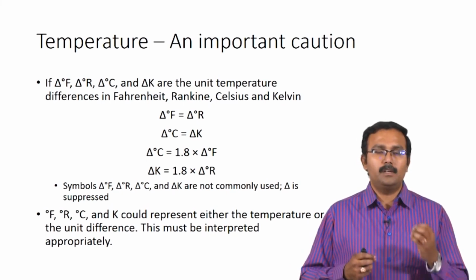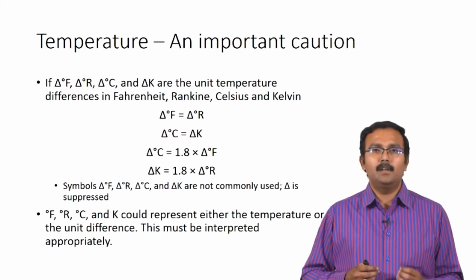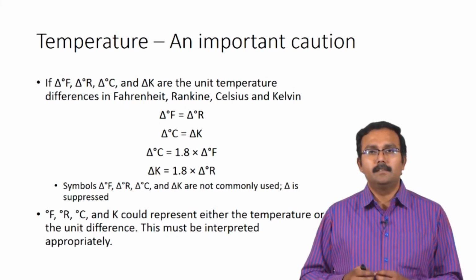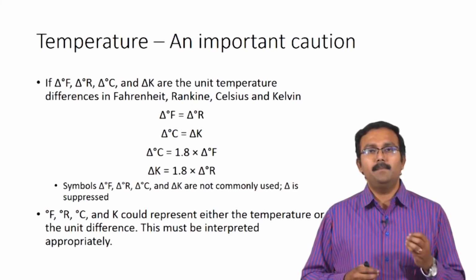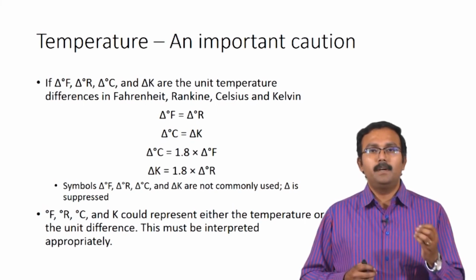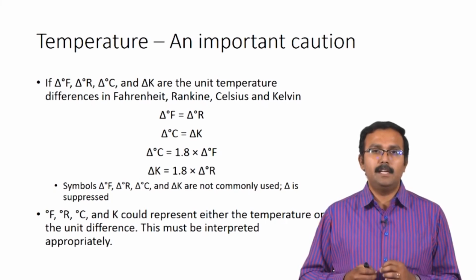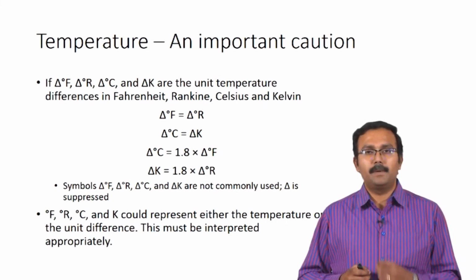If you want an example, the best thing you can look up is the units for specific heat. Specific heat capacity can be given in terms of per Kelvin or per degree Celsius, where it is actually the temperature difference which is being looked at and not the actual temperature itself.